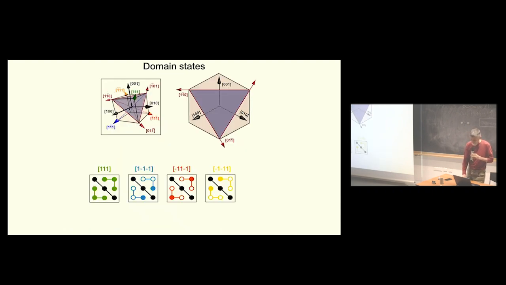Maybe I can show it pictorially: in this material we have 4 domain states. So the elastic tensor can look in these ways, depending on which polarization it is. Again, polarization can point in 4 different directions, which are shown here by yellow, green, blue, and red.